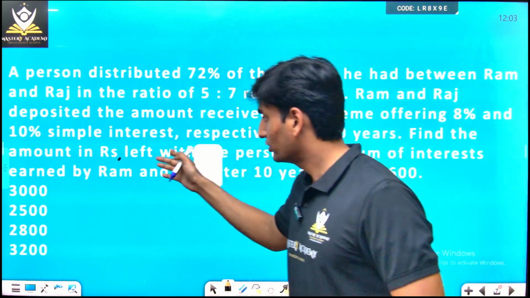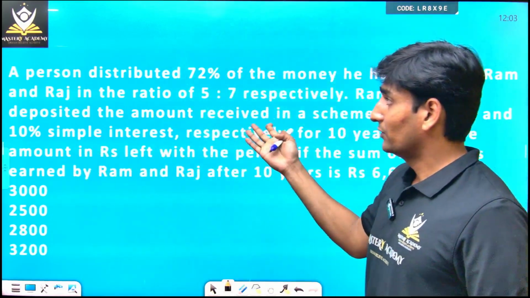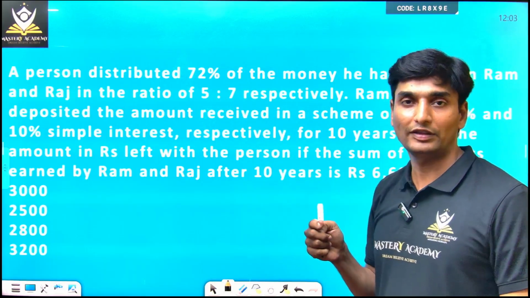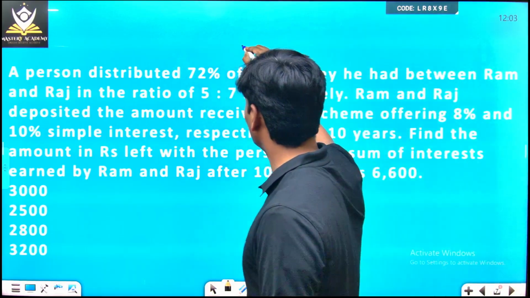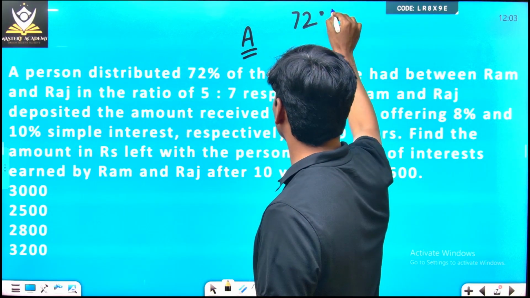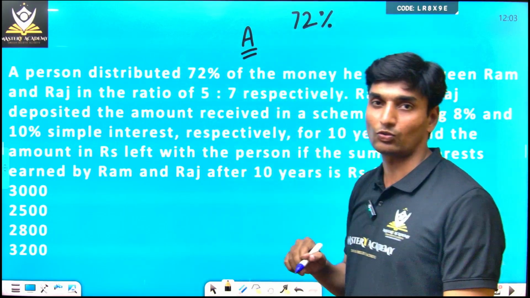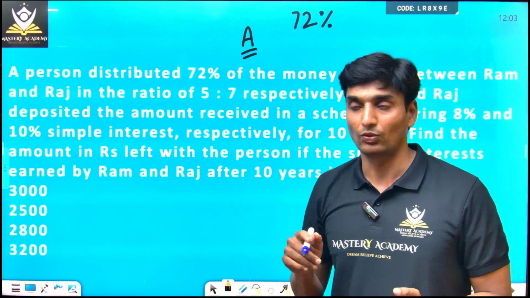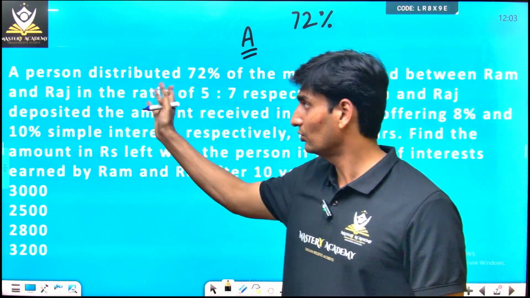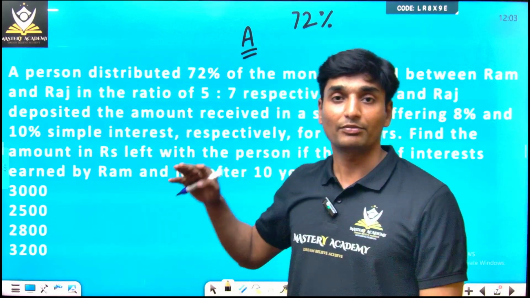So here what they are saying: there is an unknown person, for example A, who is giving out 72% of his total amount, whatever his amount is, we do not know. 72% of his amount he is giving to Ram and Raj, and the remaining is how much?